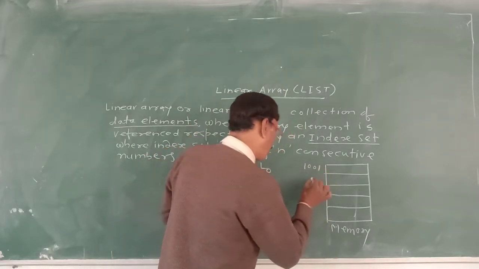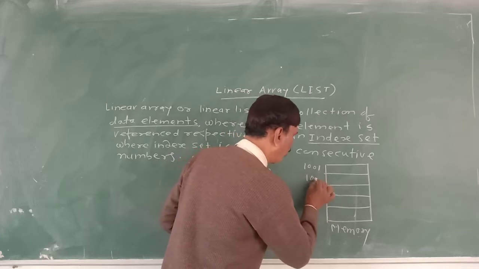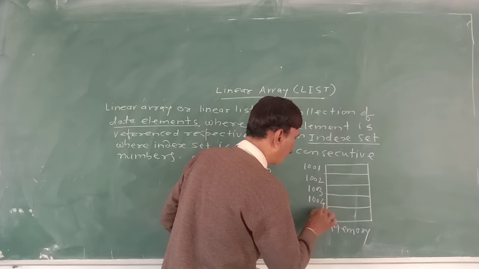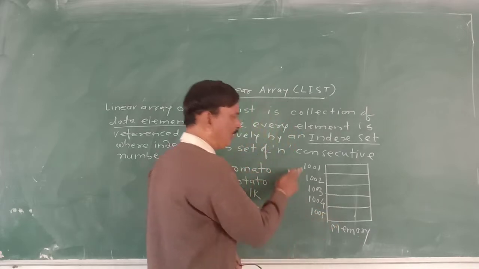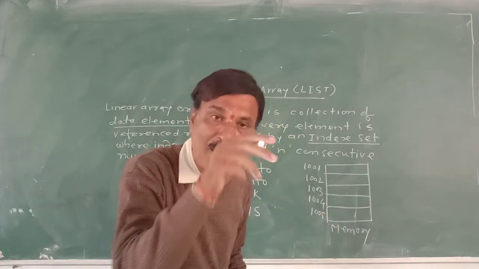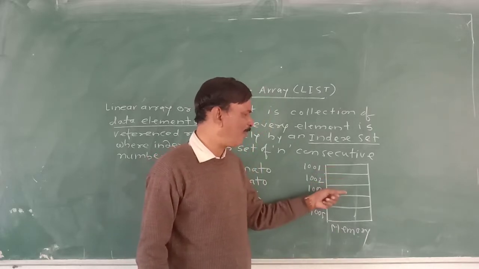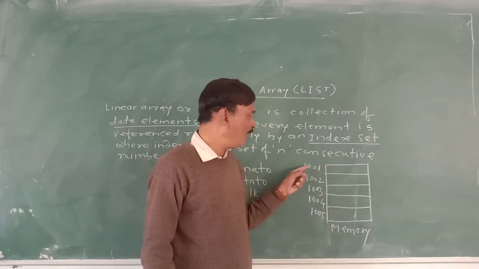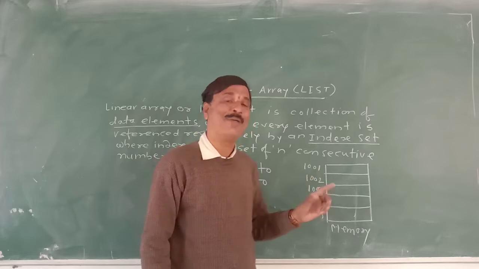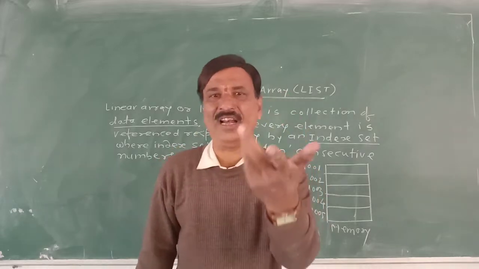Say 1001, 1002, 1003, 1004, 1005. These are called the addresses of memory locations. Every memory location is identified by a number called the address of the memory location.